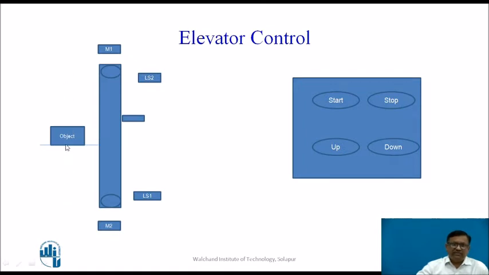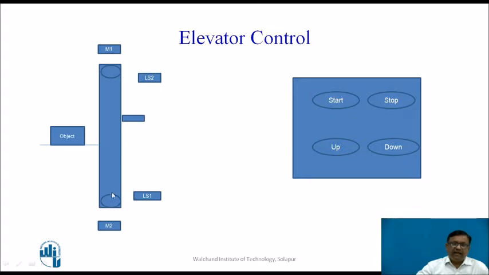So this object can be lifted up or down, and this movement is controlled by motor M1. Here motor M1 is present, and here motor M2 is present.